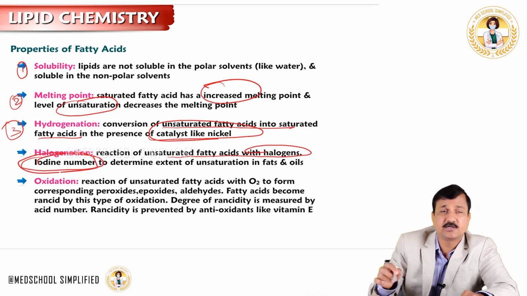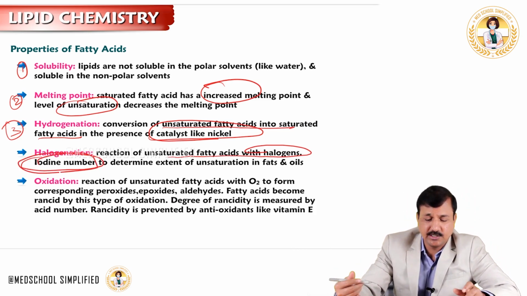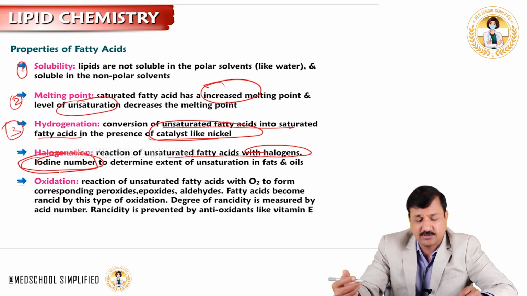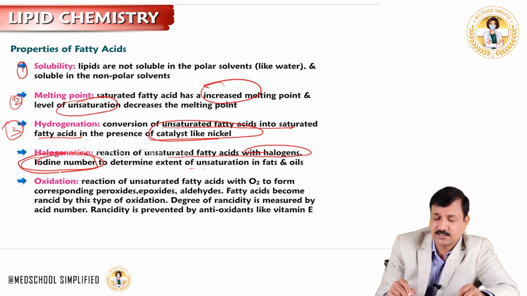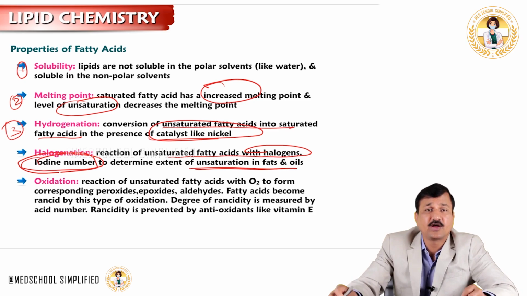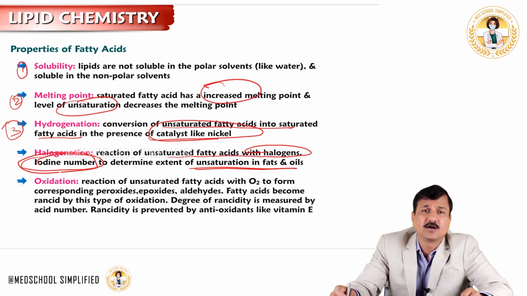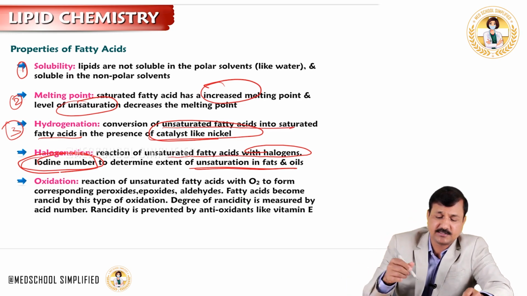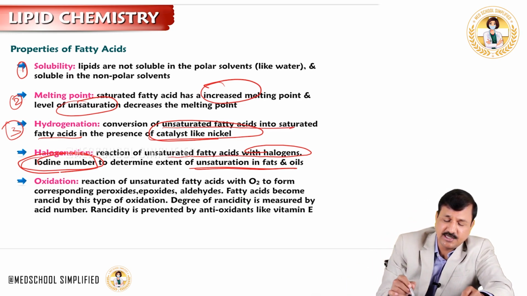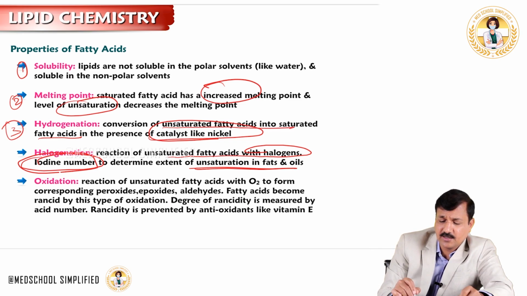So halogens like iodine can be used to determine the level of unsaturation. The iodine number determines the extent of unsaturation in fats and oils. So the higher the iodine number, the higher the number of double bonds present in a fatty acid. Remember that.